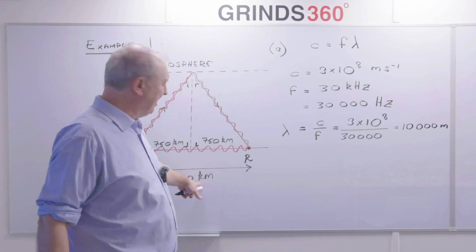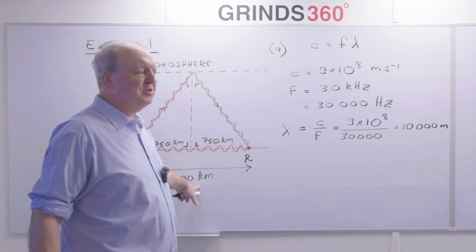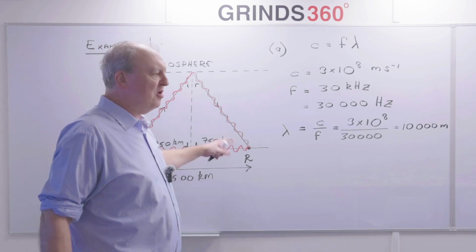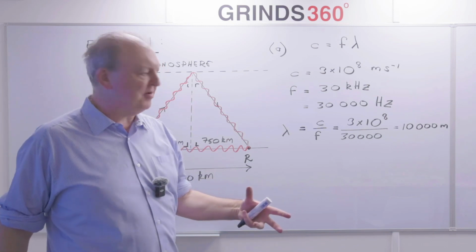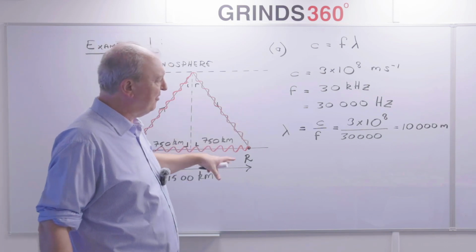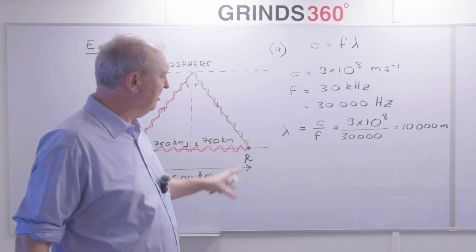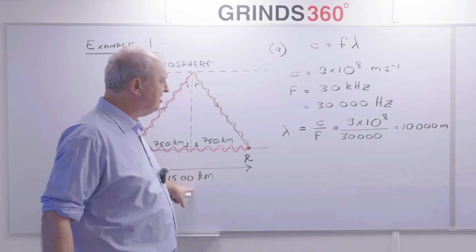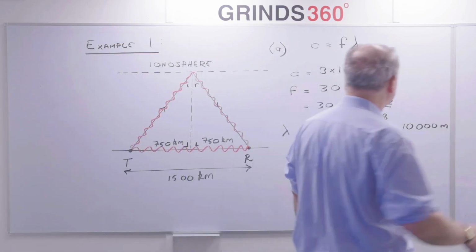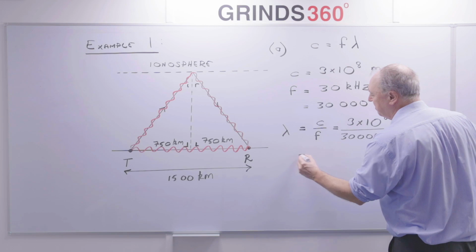I might decide to put all my units in kilometers, which is okay. So when you do all your calculations, your answers will be in kilometers. You can change everything to meters if you want, but it doesn't matter as long as you know what you're doing. So basically, they gave me kilometers here, so I'll turn that into 10 kilometers.